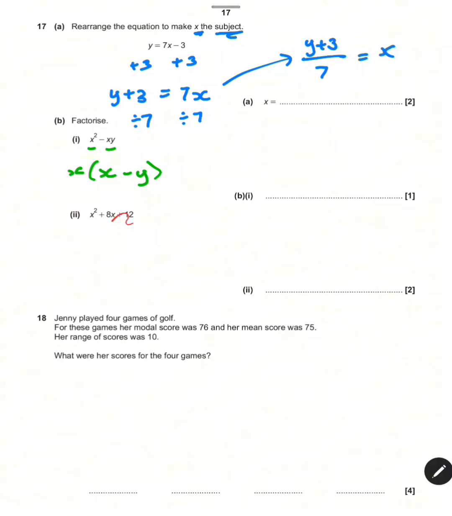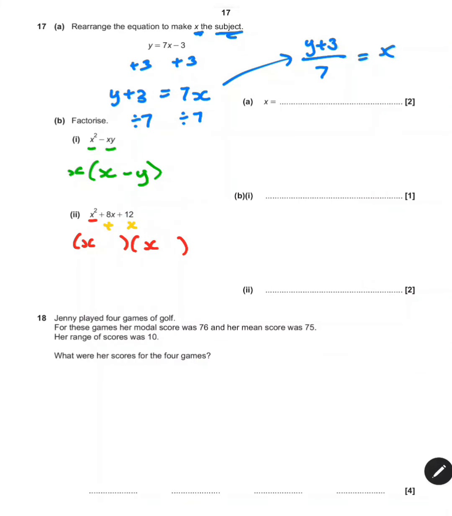Second bit of factorising in part 2, we've got what's known as a quadratic. Anytime you've got this x squared term, it will normally factorise into two brackets. Firstly, we will always have an x multiplied by an x to get back to x squared. And then we're looking for two numbers that add to make 8, but times to make 12.